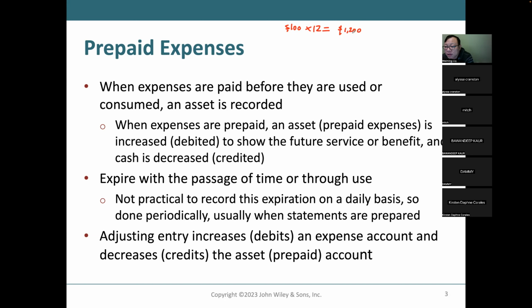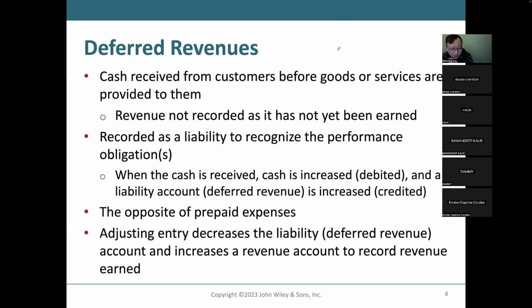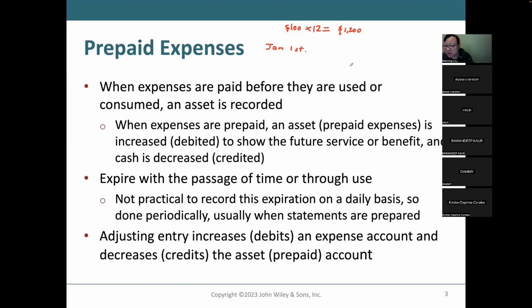I made the payment on January 1st. I paid the money, so my cash balance decreased. So I credit cash for $1,200.